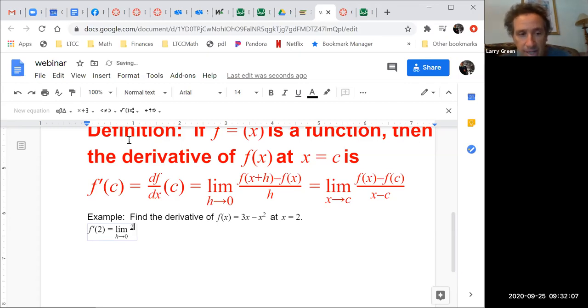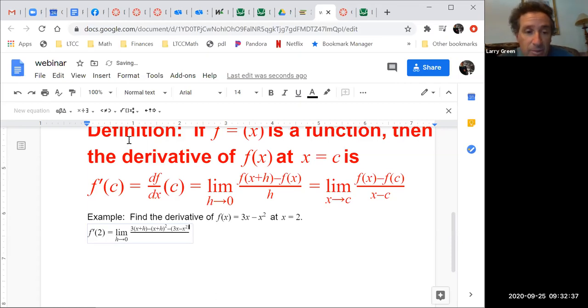So we're going to have 3 parentheses x plus h minus, I'm sorry, it's not minus, and then parentheses x plus h, and the parentheses squared. And then we're going to have minus f of x, so minus, now you want to put parentheses 3x minus x squared.